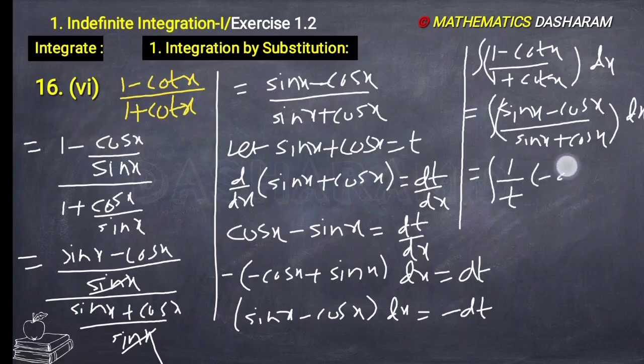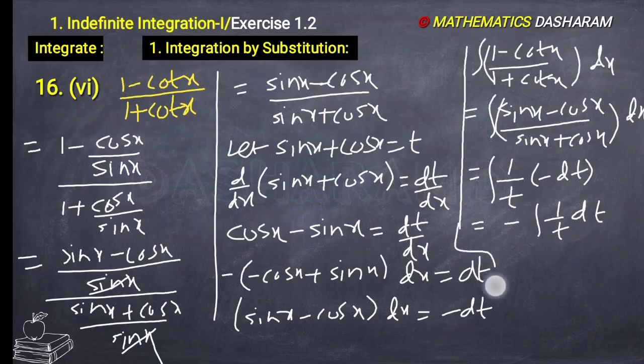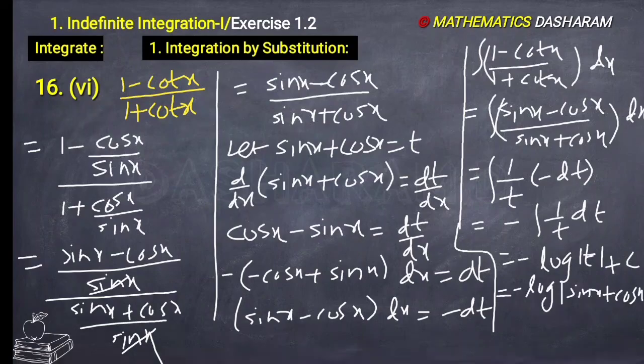So it is equal to minus integration of 1 by t dt. Minus integration of 1 by t is log mod t plus c. The t value is sin x plus cos x. So this is our required answer.